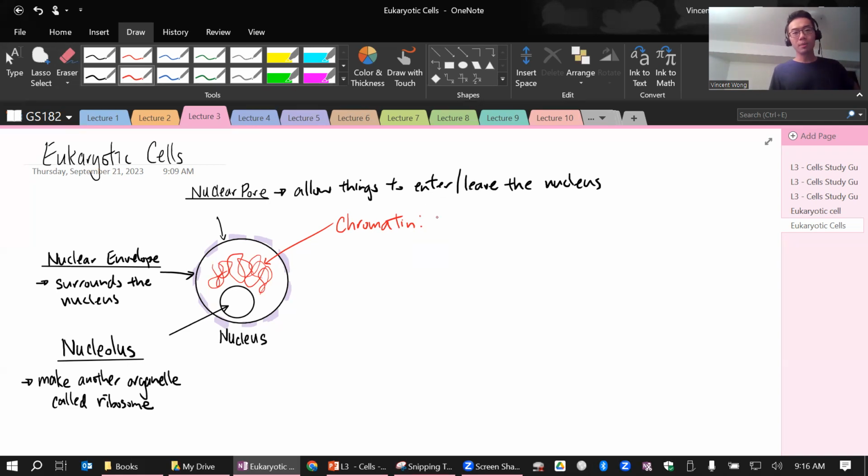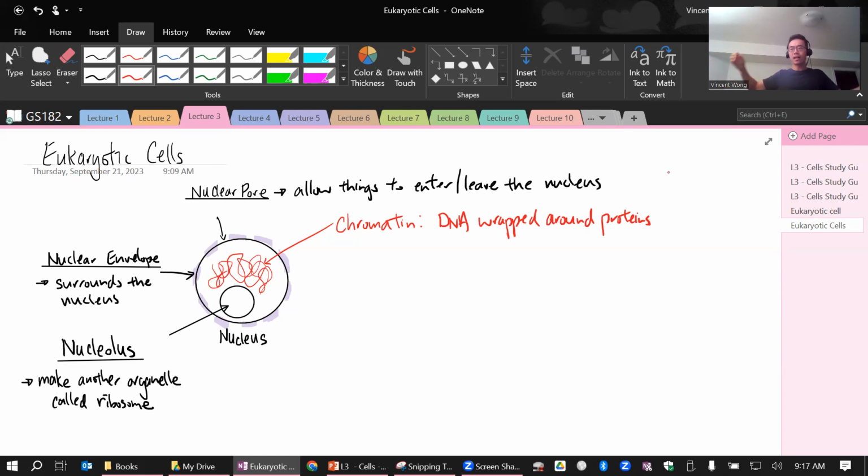So chromatin is basically DNA wrapped around proteins. The DNA on its own is very long. It's unwound.